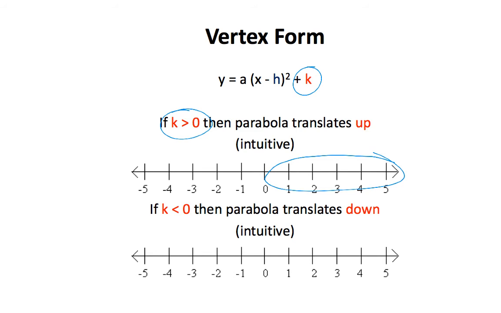Next, if k is less than 0, then the parabola is translated down. What exactly does this mean? Well, k must be a negative number. Again, this is very intuitive. As mentioned beforehand, many students confuse h and k. K must be located outside of the bracket, and it should not be squared.